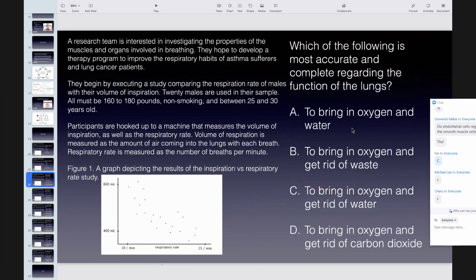Which of the following is most accurate and complete regarding the function of the lungs?